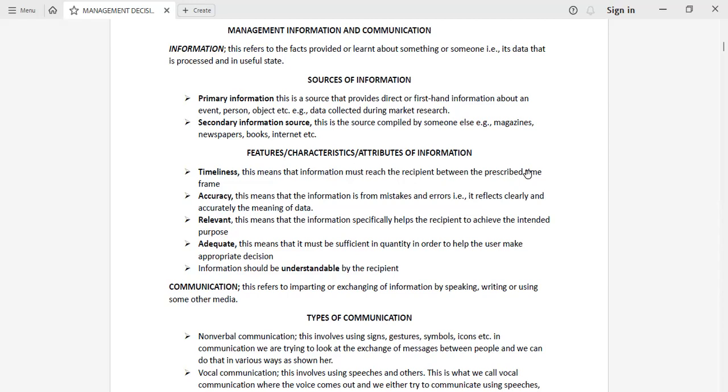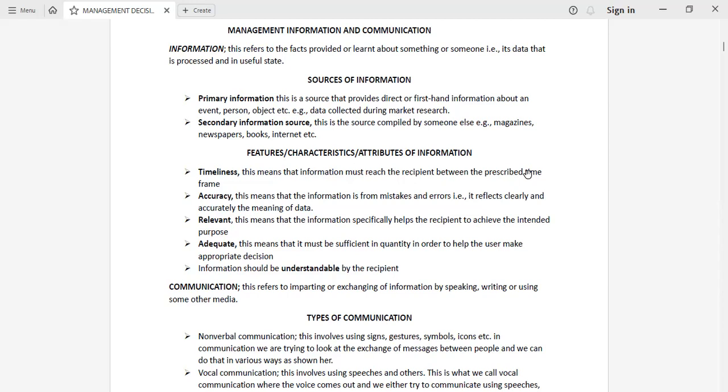From our normal definitions, we used to say that information is processed data, whereas data are raw facts and figures. When those raw facts and figures are processed into useful information, that's what we call information.